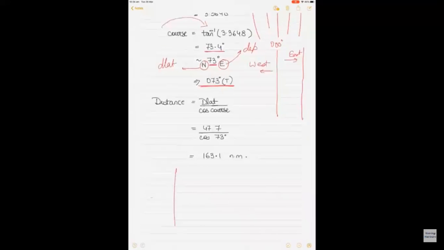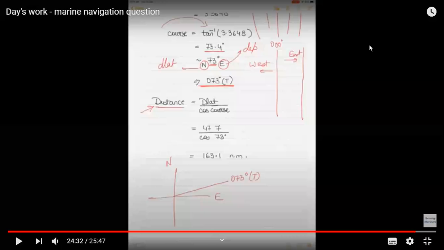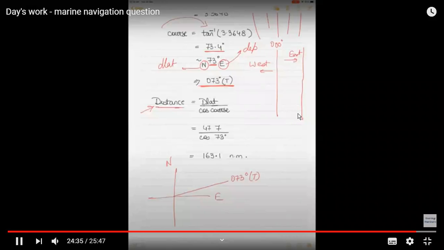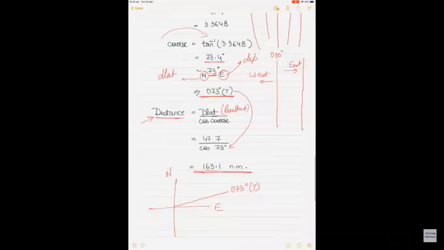Now we calculate the final distance. Distance is equal to DLAT upon cos course. So DLAT is the resultant DLAT and cos course we got 73.